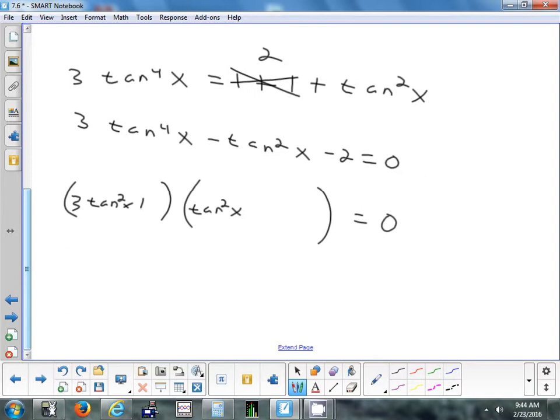We'll try it in the order we said and see if it works. 2 numbers that multiply to give me 2: 1 and 2. Let's check. 3 tan squared times 1, that's negative 3 tan squared, plus 2, negative 3 plus 2, negative 1, that's perfect. All right, so either what's on the left equals 0, or what's on the right equals 0.